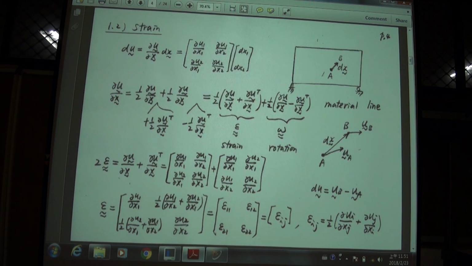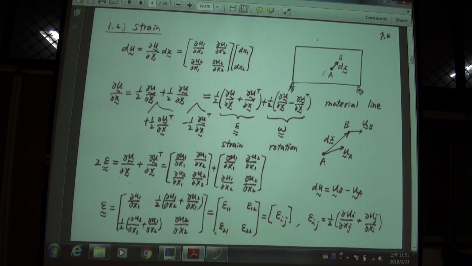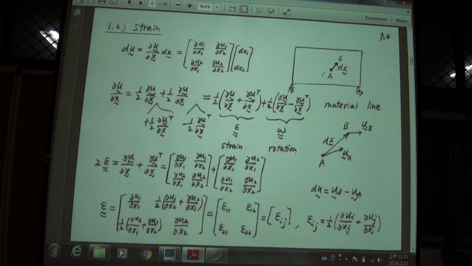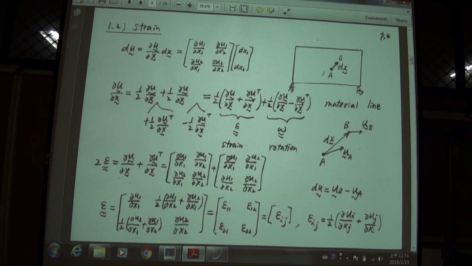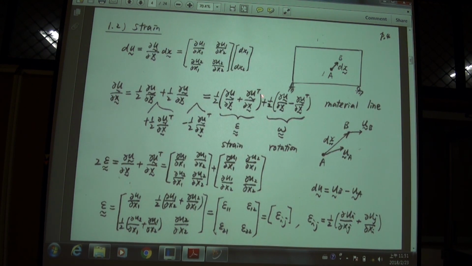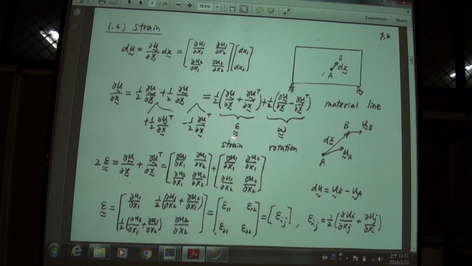But it is okay. Why? Because in the classical theory of beams in mechanics of materials, we assume that the rotation is very small, so this term can be neglected. So we concentrate on the strain tensor here.